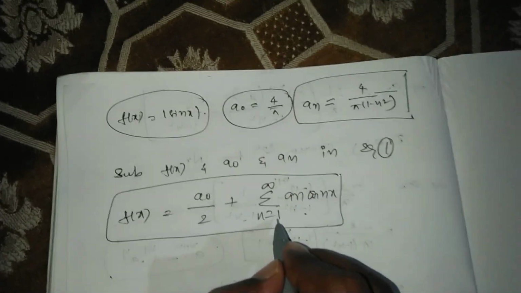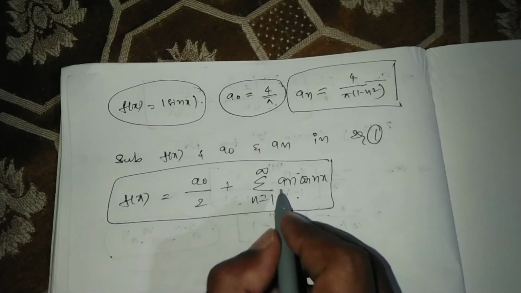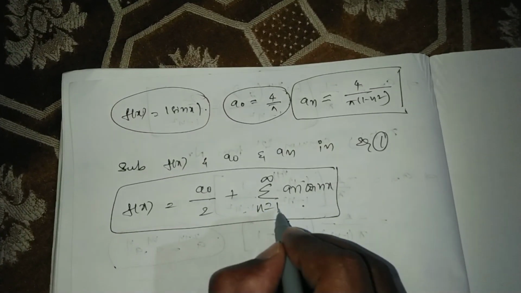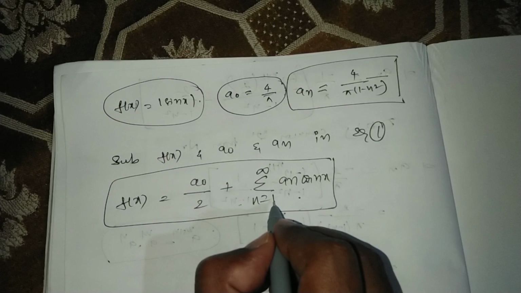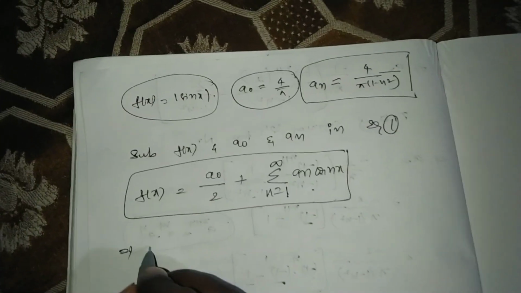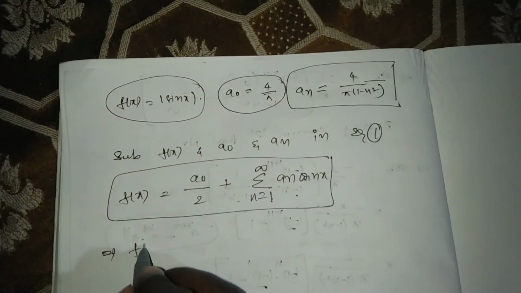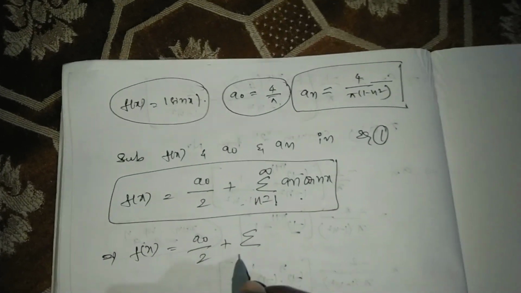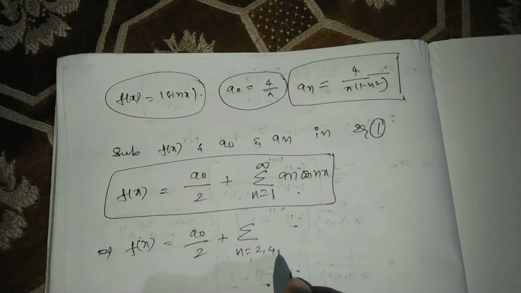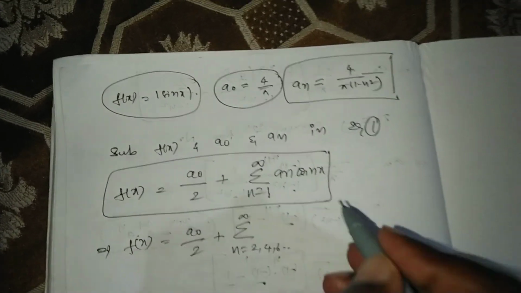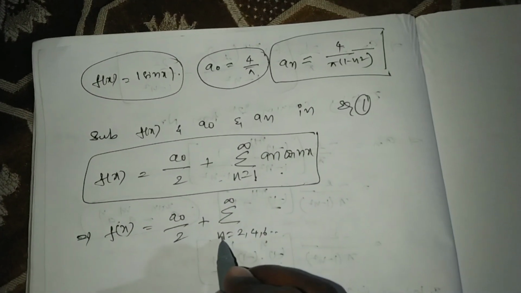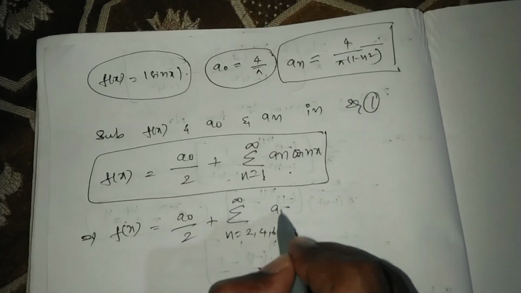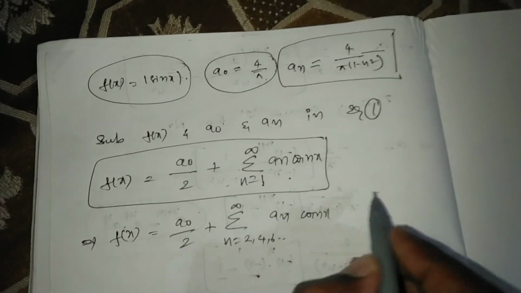We know that if n is equal to odd numbers, an value is 0. So instead of n equal to 1, you have to write n equal to even numbers. That is, f of x is equal to a naught by 2 plus summation n equal to 2, 4, 6, even numbers to infinity an cos n x.